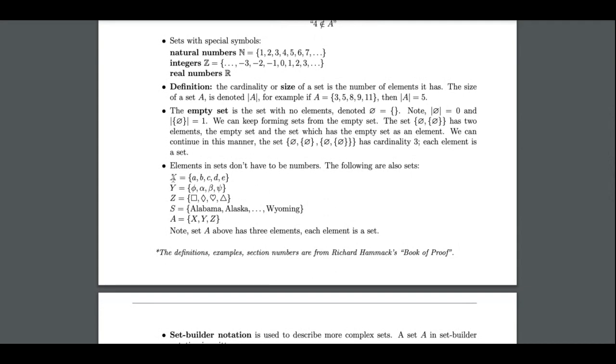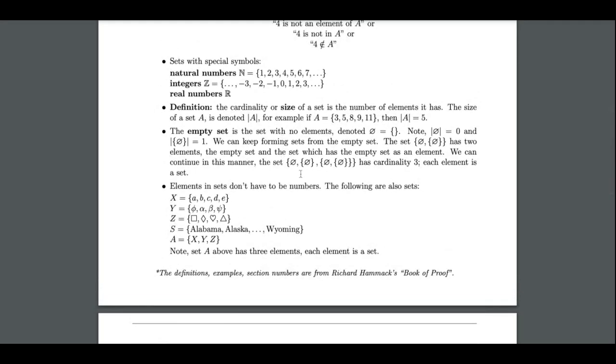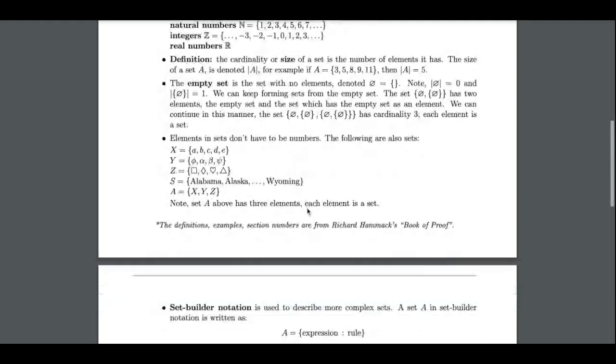So you see, the set X contains A, B, C, D, E. The set Y contains phi, alpha, beta, phi. Z is a set that contains all the symbols. S is a set that contains these state names. And A can be a set that contains the letters X, Y, Z. So a set is a group of things. Things can be anything.